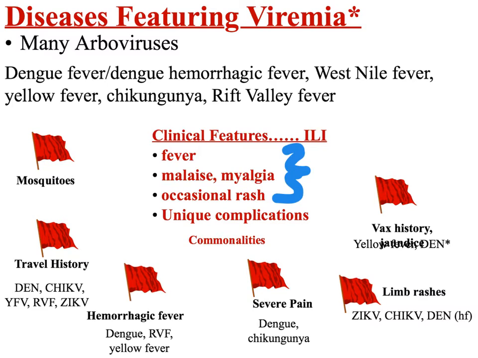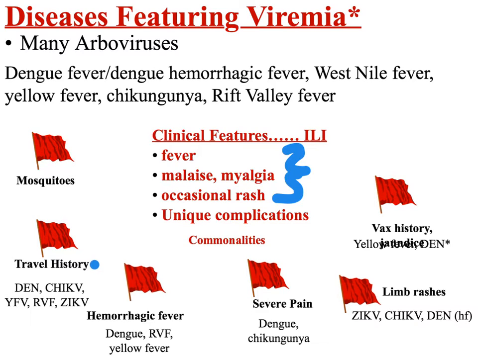So as mentioned, again, all of these are spread by one species of mosquito or another. If you have patients coming in presenting in this way, one of the most important questions you can ask them is about their recent travel history. Patients that are infected with dengue, chikungunya, yellow fever, Rift Valley fever, or Zika are going to have in their travel history something fairly unique.